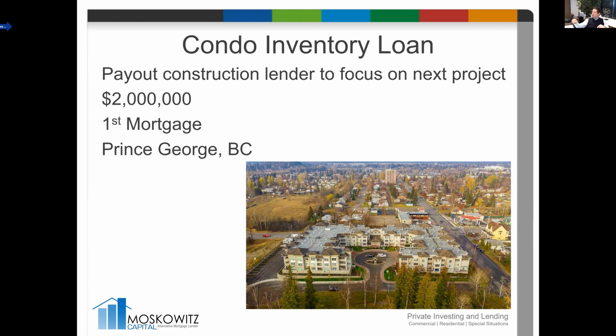They write a little check to the bank, thank you very much, and the bank says, okay, we're going to move on to your next project, because these builder developers have something else in the pipeline. Project A is finished, project B is starting. The bank says, pay me off on project A, and I'll advance you money on project B. So this gets them to the project B start.